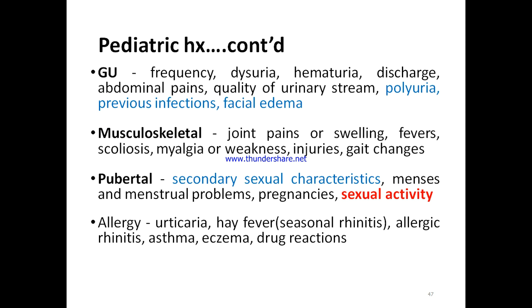Genitourinary system: it's better to assess the frequency of urine, difficulty of urination, blood in urine, abnormal or unexpected discharge from the urethra, pain, quality of urine stream or amount of urine, polyuria or excessive amount of urine, infection, or facial edema, because it is a better way of assessing diseases which may cause edema, especially facial edema, like acute glomerulonephritis or nephrotic syndrome.